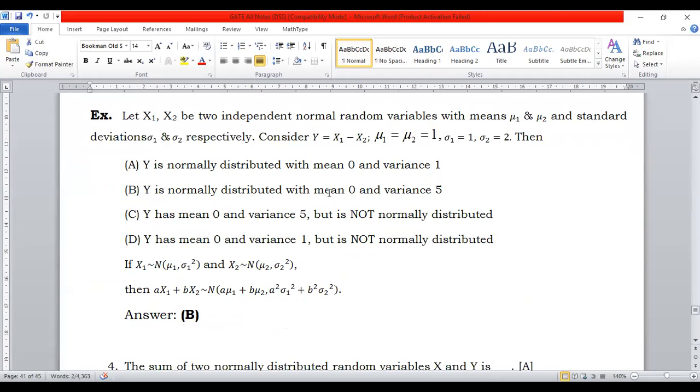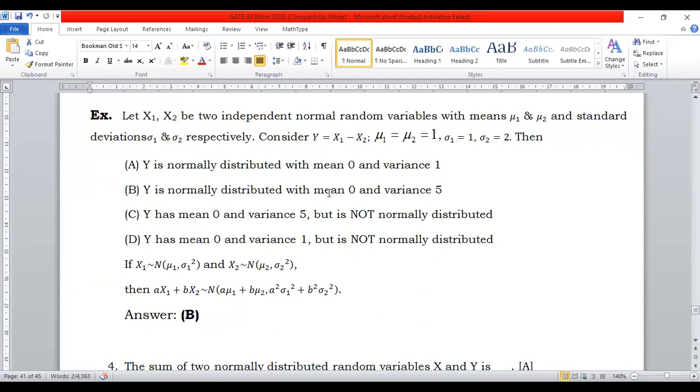So the cumulative distribution function, this is another concept in regard to continuous distributions. Now, x1, x2 be two independent normal random variables with means mu1, mu2 and standard deviation sigma 1, sigma 2 respectively. Consider y equal to x1 minus x2. mu1, mu2 are given, then y is normally distributed.